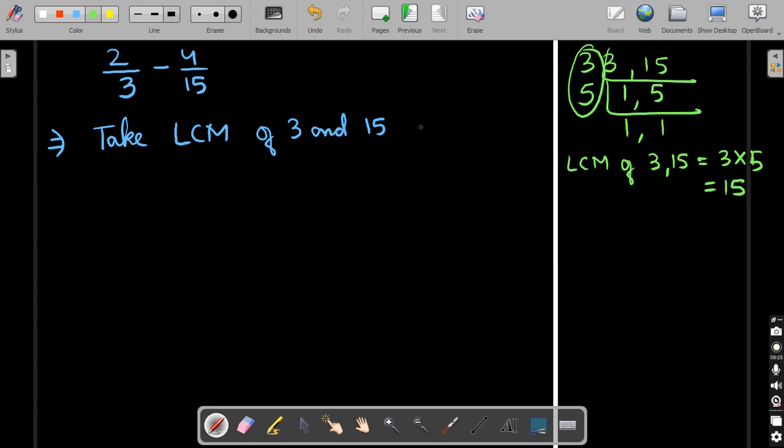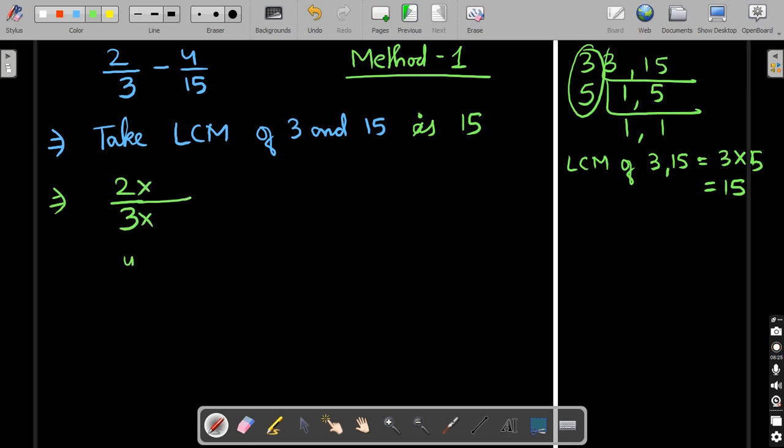So the LCM of 3 and 15 is 15, I got. So now, students, let me write here method 1. Method 1, how I am going to solve. So I will solve 2 by 3 into, next number 4 by 15 into, equal to.